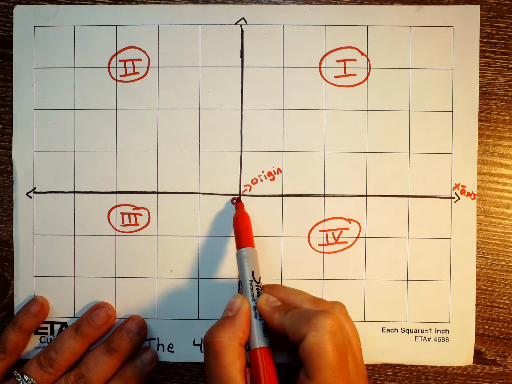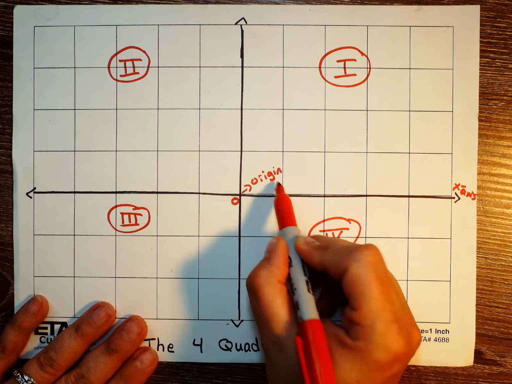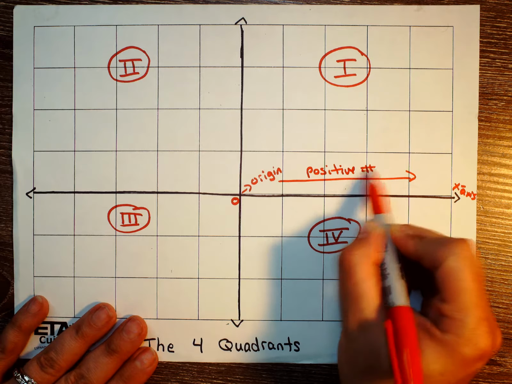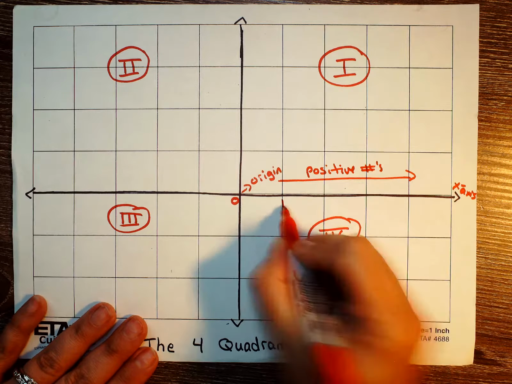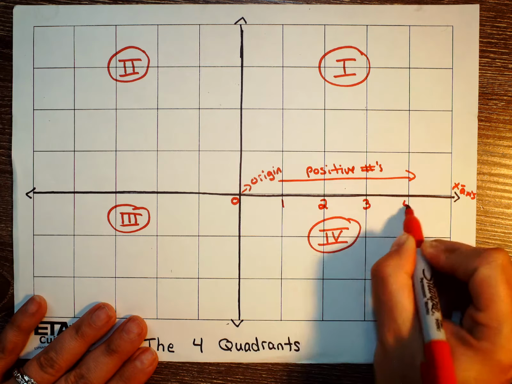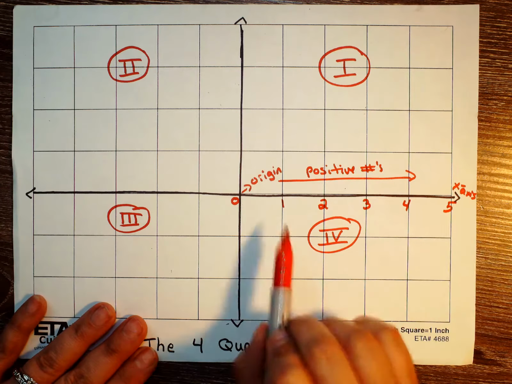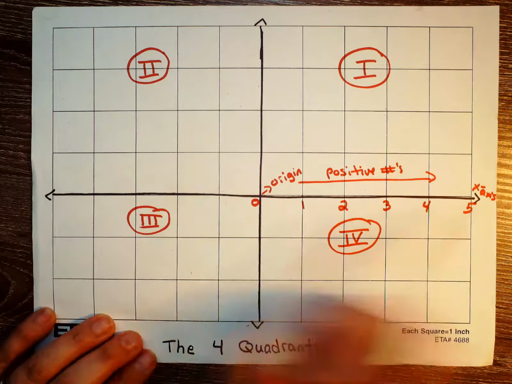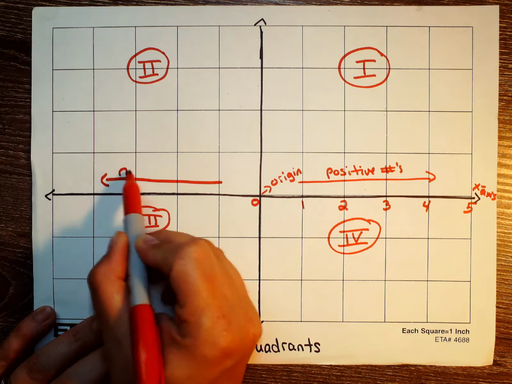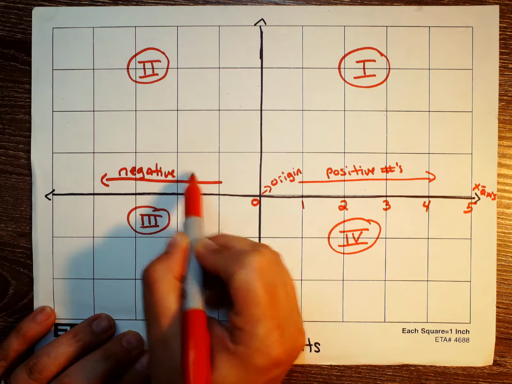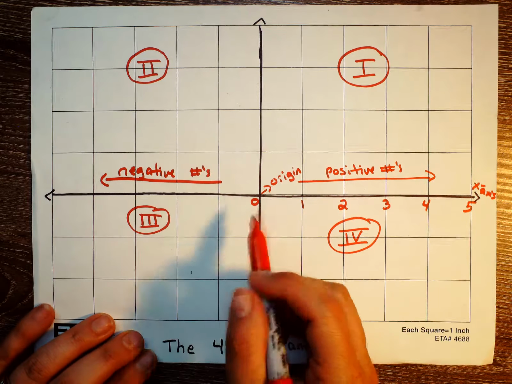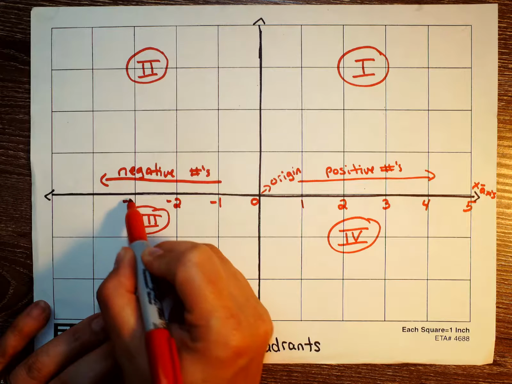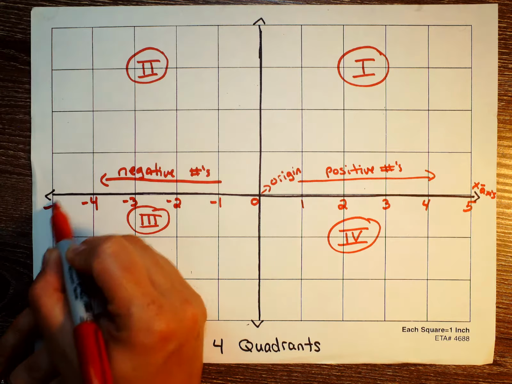To the right of the 0 are all your positive numbers, so let's write 1, 2, 3, 4, and 5. Notice I'm writing on the lines, not in the spaces. If these are your positive numbers, then going in this direction are your negative numbers. So let's write -1, -2, -3, -4, and -5.